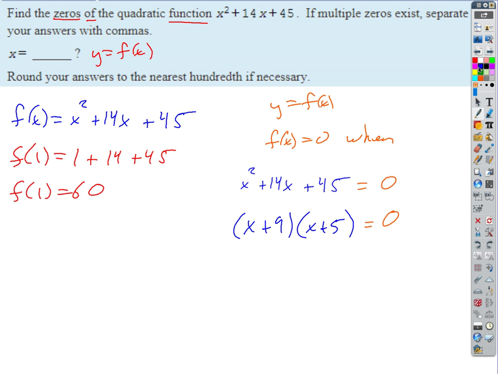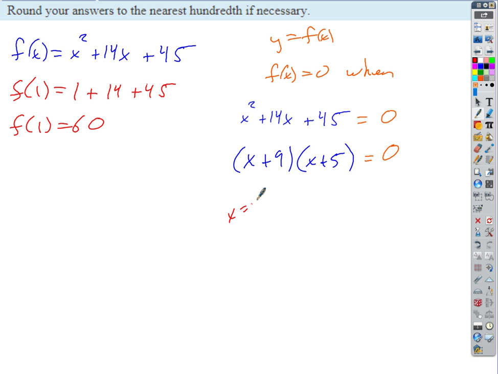I'd need x to be -9 to make that 0. Everybody agree? So there's one solution. How about this one? To make that factor 0, x would have to be -5. So that's what a 0 means. We're just going to set the function equal to 0 and solve.